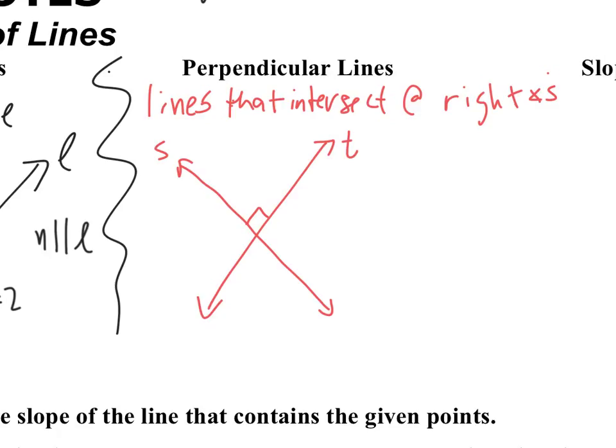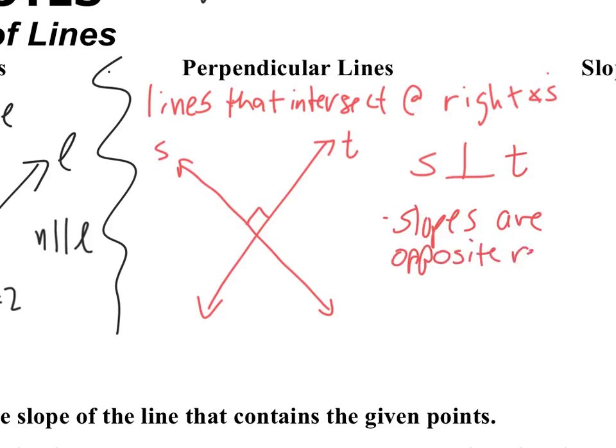If I were to say line S is perpendicular, this is my symbol for perpendicular, an upside down T, S is perpendicular to T. What I know here is that the slopes are opposite reciprocals, and I'll talk about that.